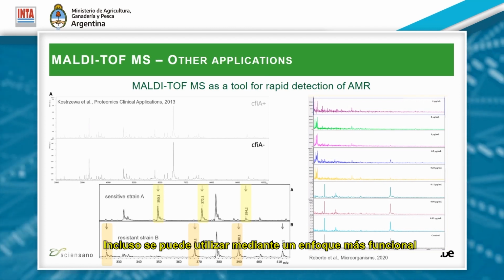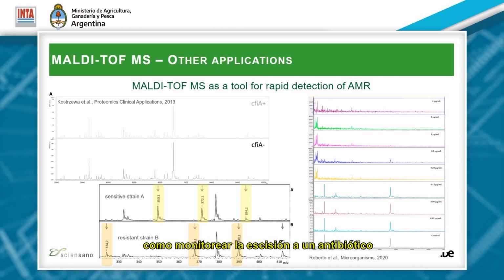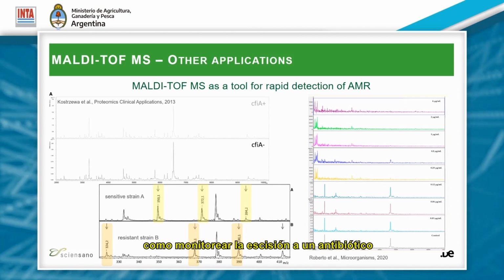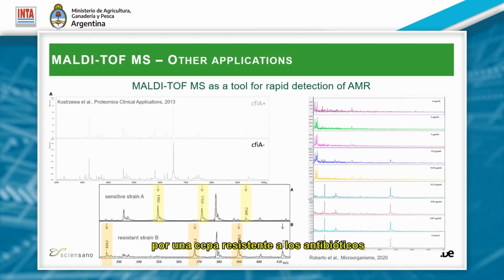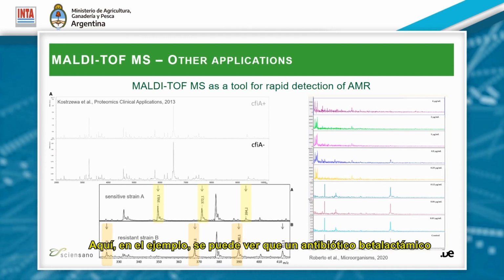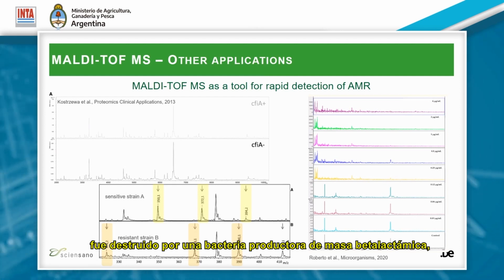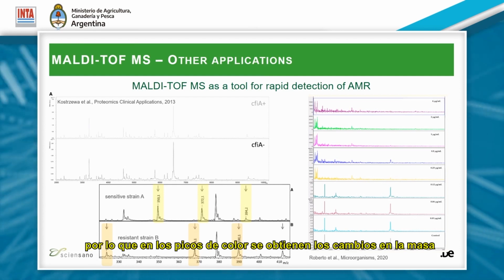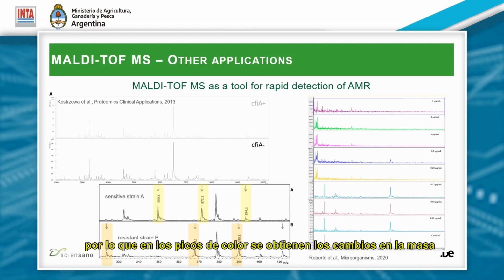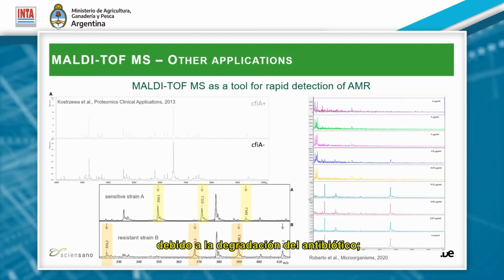Or you could do it via a more functional approach, like monitoring the cleavage of an antibiotic by an antibiotic-resistant strain. Here in the example, you can see that a beta-lactam antibiotic is cleaved by a beta-lactamase producing bacterium. So in the colored peaks, you get a shift in the mass because of the degradation of the antibiotic.